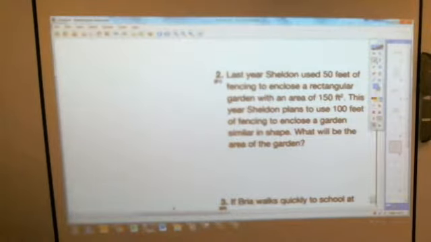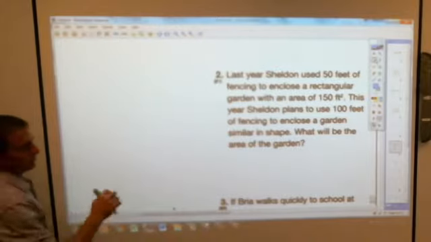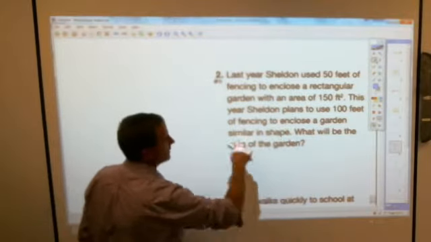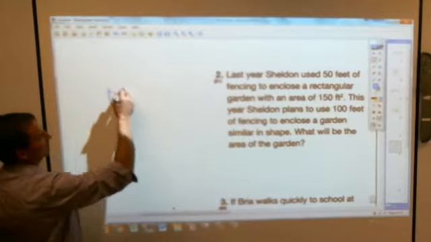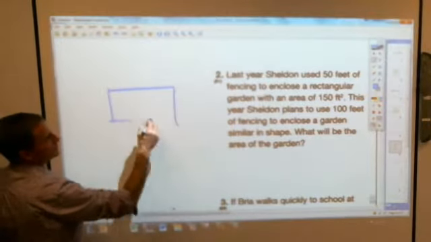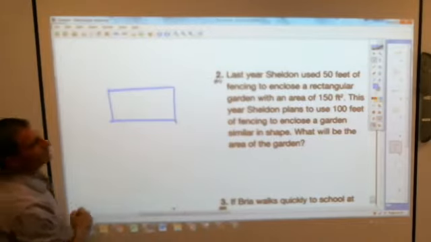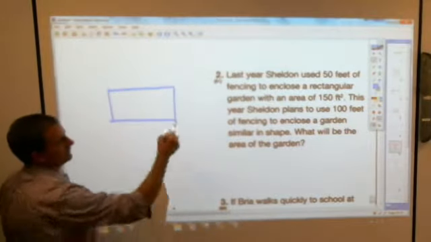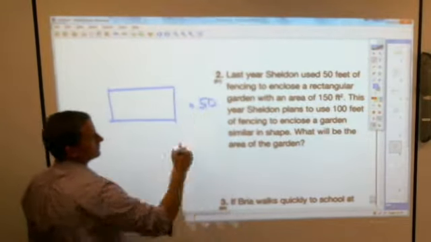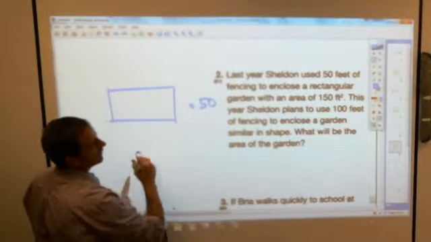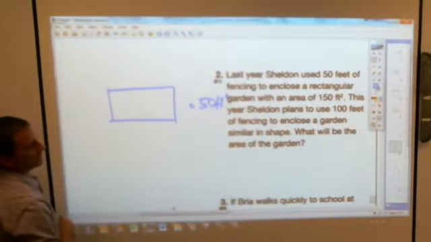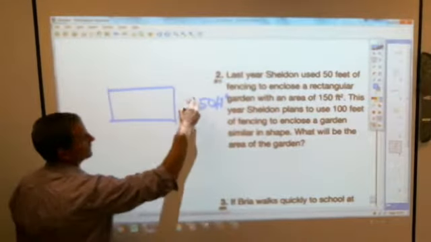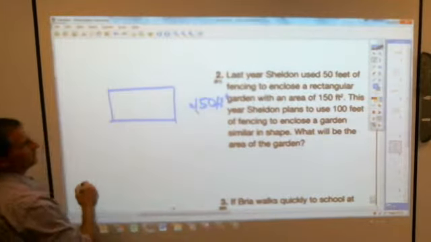Well, basically, they're telling you you have 2 similar rectangles because it is the same, similar shape. The first rectangle has an area of 150 feet squared, and the perimeter is 50 feet.